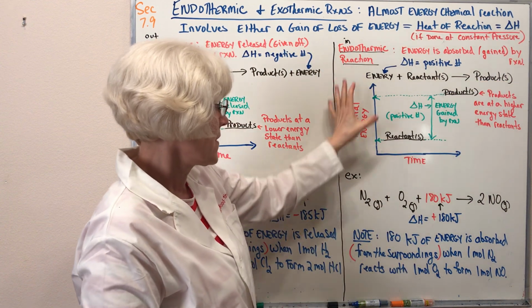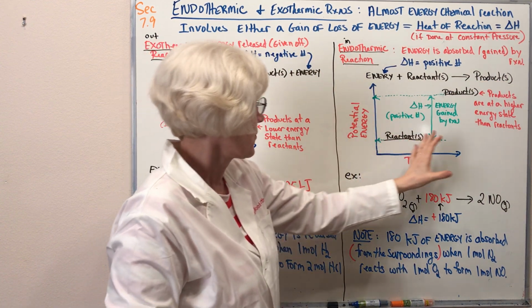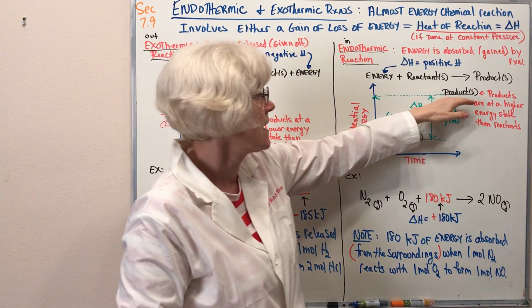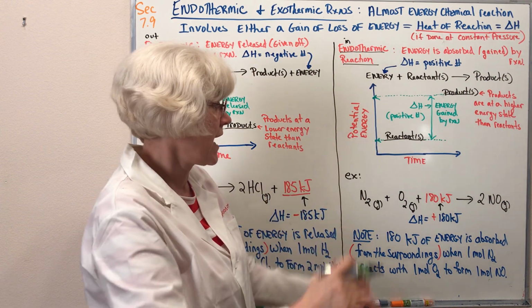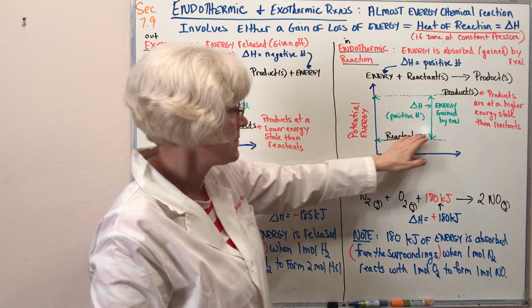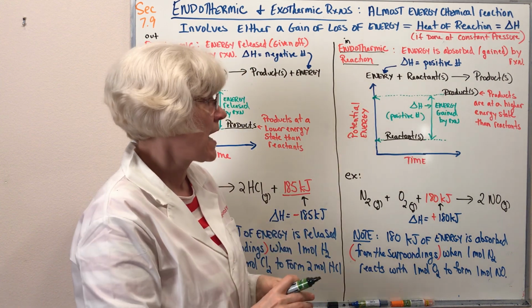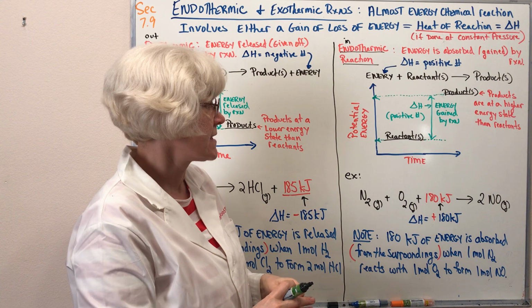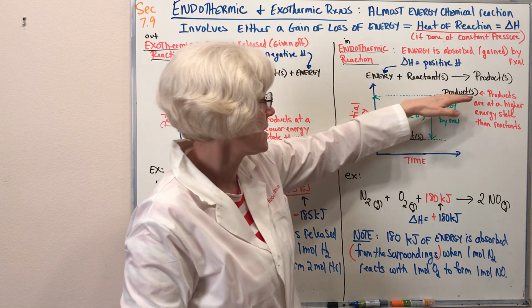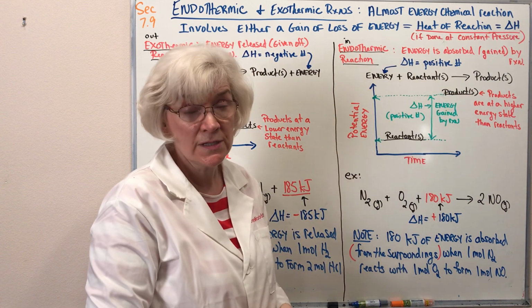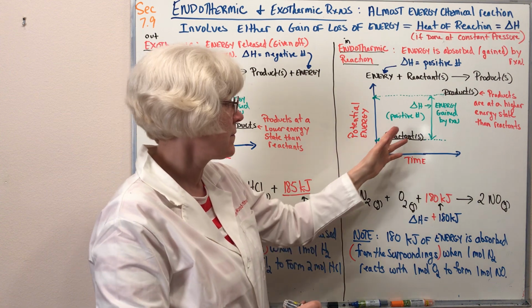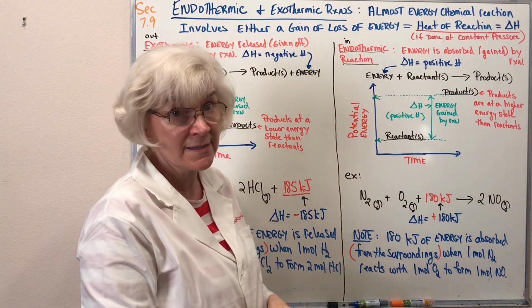This must mean that on a potential energy graph with potential energy on the y-axis and time on the x-axis, the products are at a higher energy state than the reactants are. Energy needs to be absorbed to move to that higher energy product state. So this difference in the potential energy of the reactants and the products correlates to delta H, the heat of reaction, the heat or energy that's gained by the reaction, and it is a positive value.